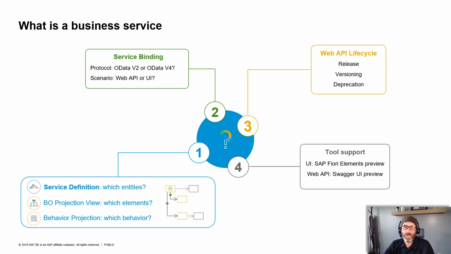The service binding itself is where the protocol is defined, as well as the scenario. In the case of a UI, this will give us the ability to have a Fiori elements preview. And for a web API, we have the ability to do a Swagger UI preview as well.